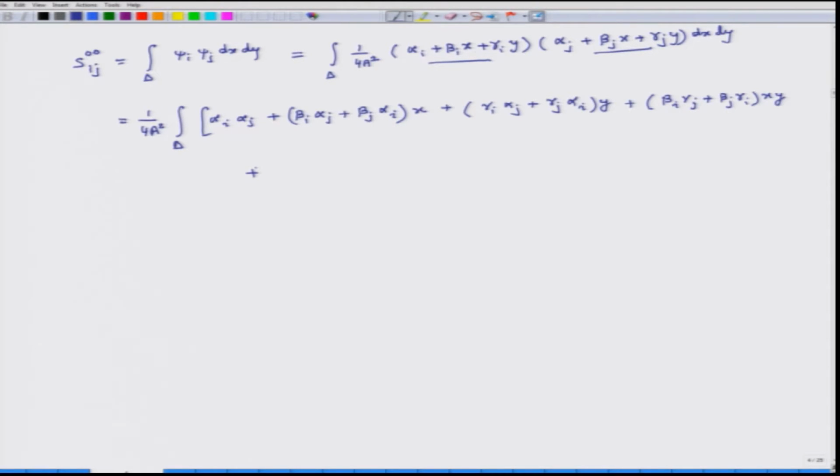Then we will have an x square term, which will be beta I beta j x square, and then a y square term, gamma I gamma j y square, dx dy.